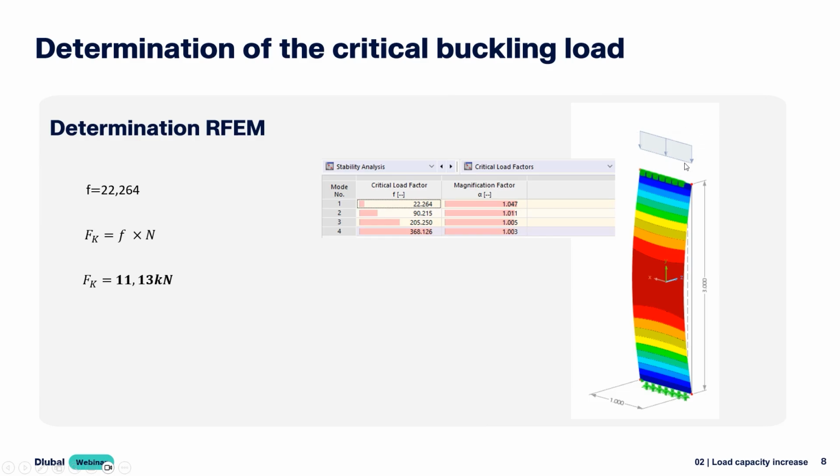Our load was 0.5. That means I get a critical buckling load of 11.13 kilonewton. So we see it's nearly the same as the formulas. And in this way, we can check the results of RFEM 2.